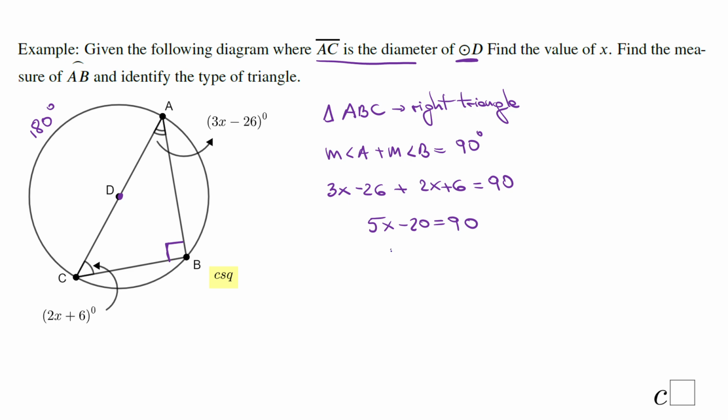I'm going to add 20, so I'm going to have 5x equals 110, and I'm going to divide by 5. Last step to find x, and that will be 22 degrees. All right.